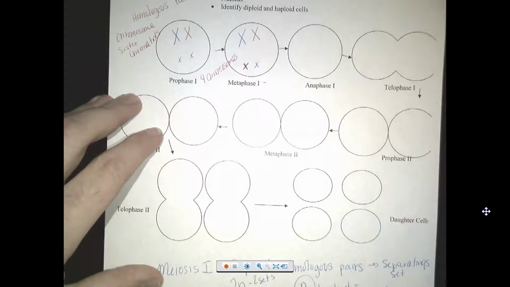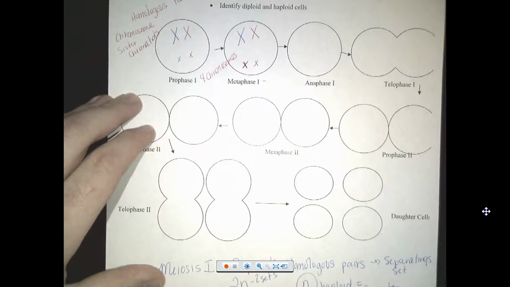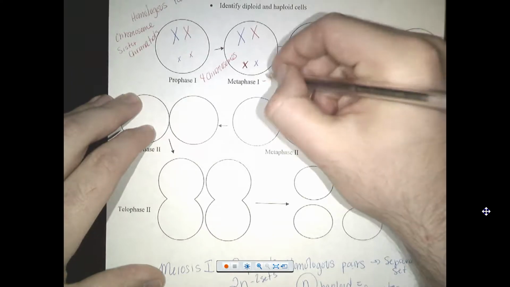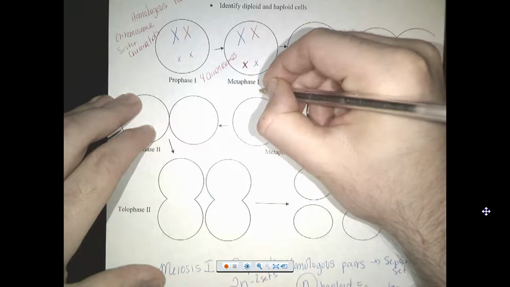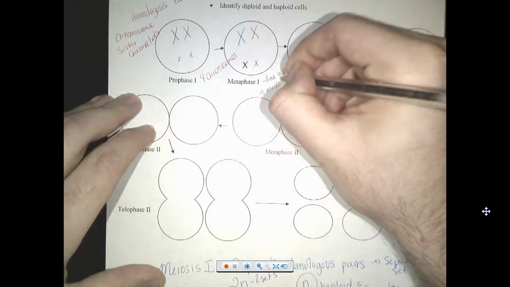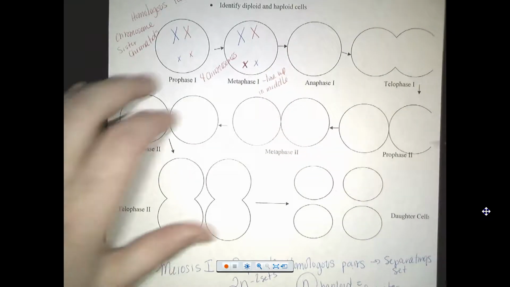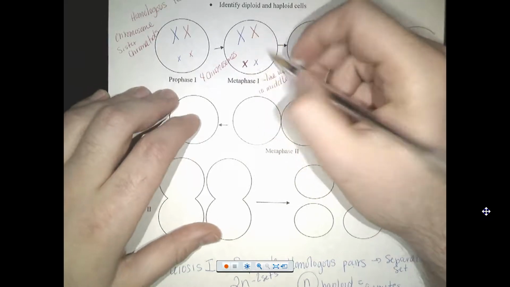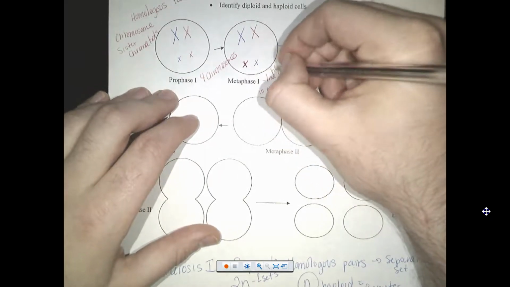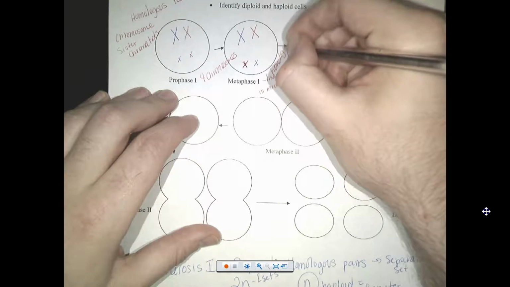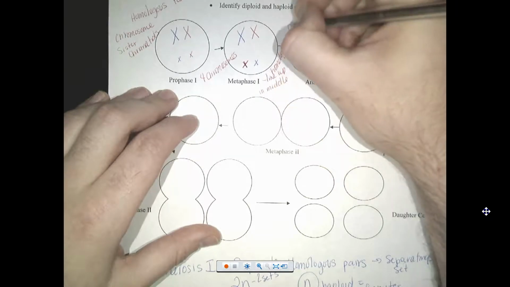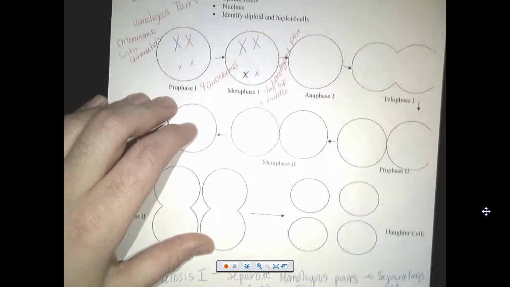What happens during any metaphase event during cell division? So they're going to line up in the middle. Okay, so our chromosomes have lined up, but in this case, it's not the chromatids that are lining up, it's the homologous pair.